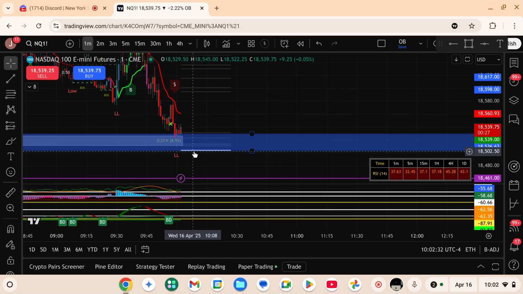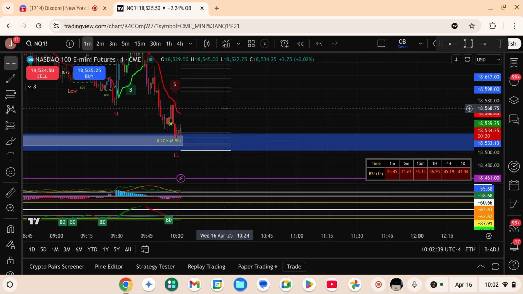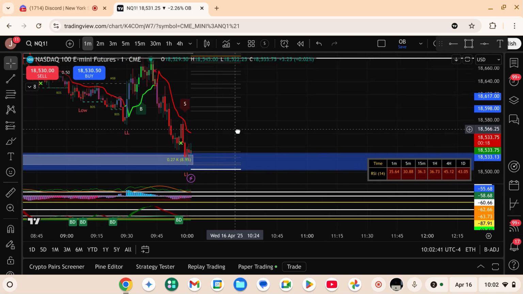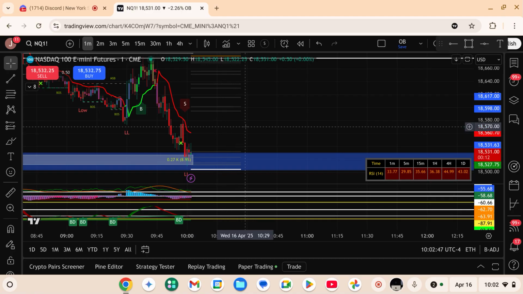If we reverse here, there's like a perfect SMT entry. All we need is some bullish volume to take us outside of this order block here.